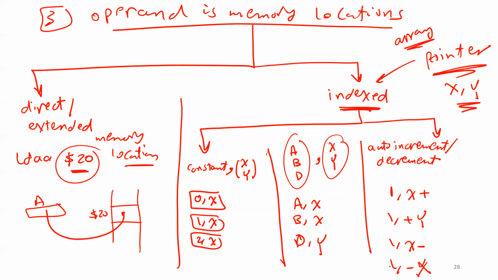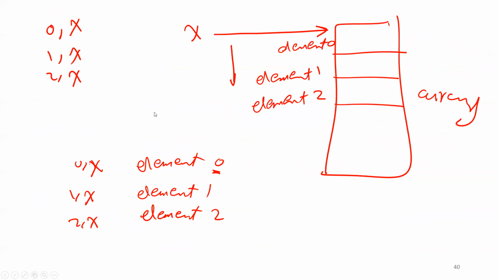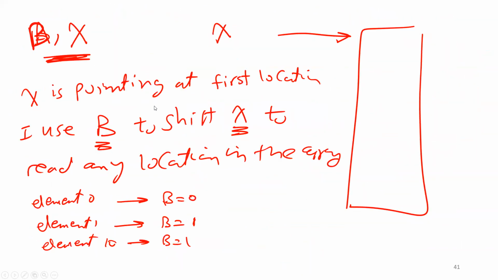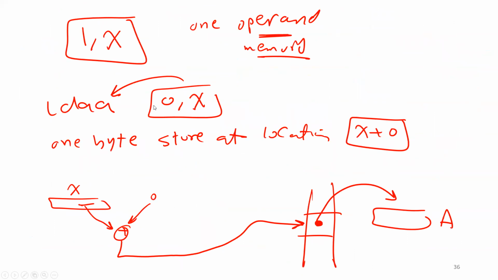It's the same thing we are going to do in this course. Usually if you want to read or write to an array, you have to use pointers. Pointers are used if you want to read or write arrays.